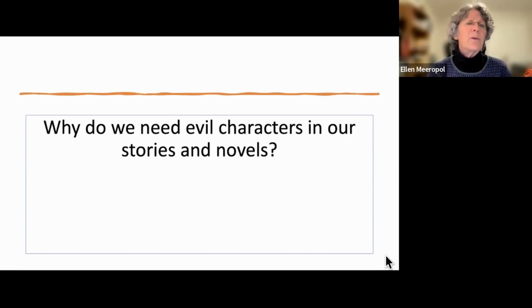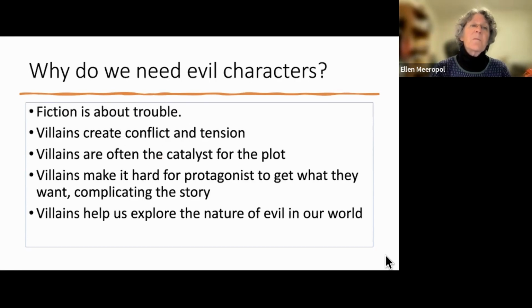So why do we need evil characters in our stories, in our novels? Well, because evil characters help make our fiction come alive.